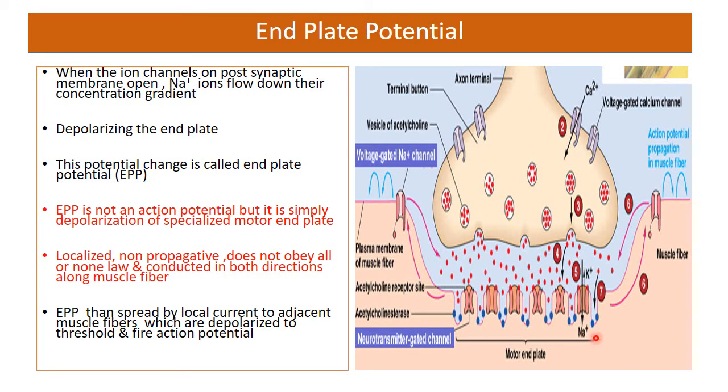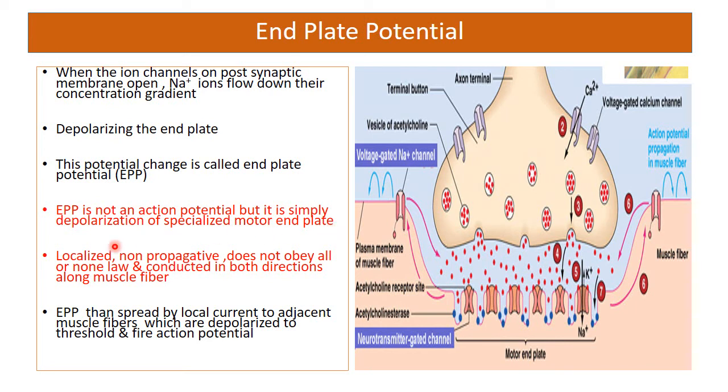This small potential change or depolarization is called the end plate potential. The end plate potential is not an action potential, but simply depolarization of the specialized motor end plate.